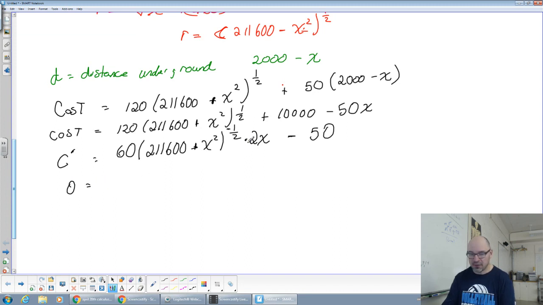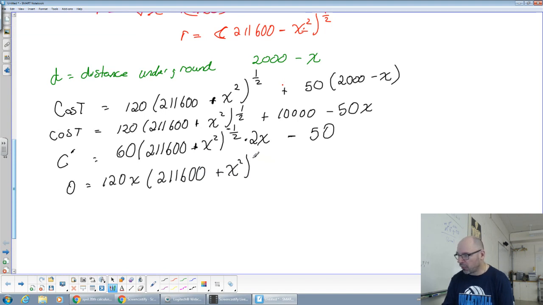So we can take this 2x out here and write this as 120x times this whole thing to the power of negative 1/2 minus 50.